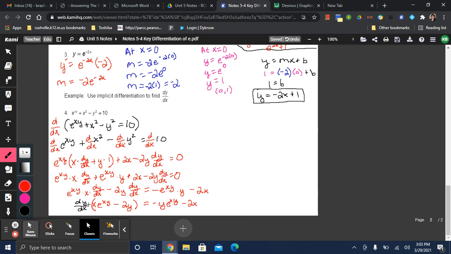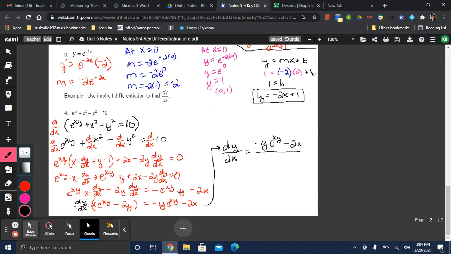And then the very last step is I want to get this dy dx by itself, so I'll need to divide by this parentheses. So my final answer, dy dx, will equal, in the numerator, I'll have this part of the equation, so negative y e to the xy minus 2x.